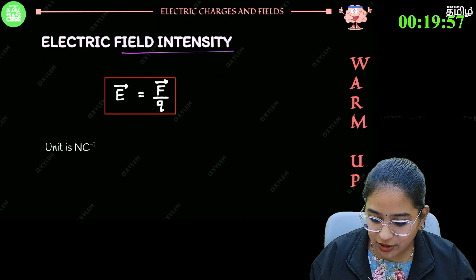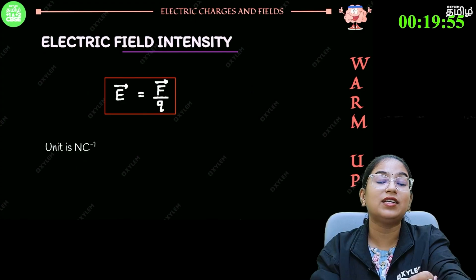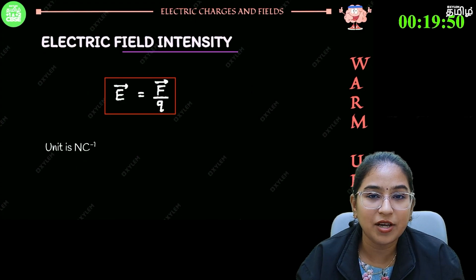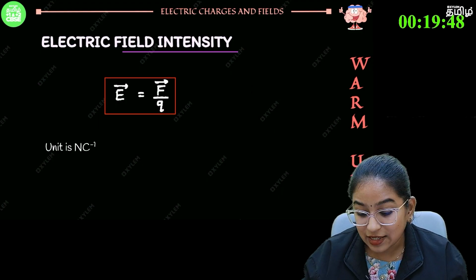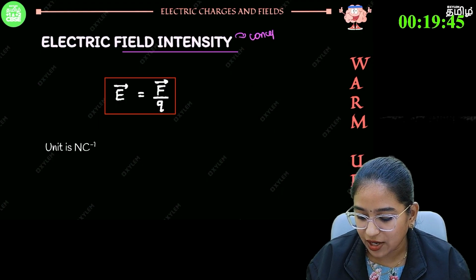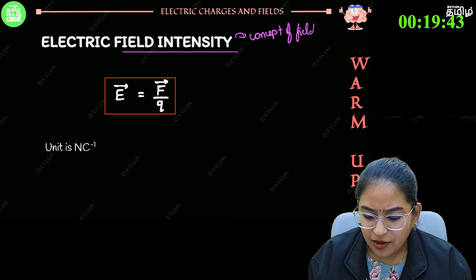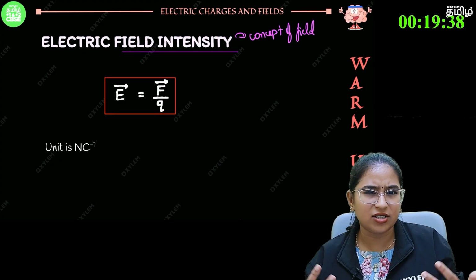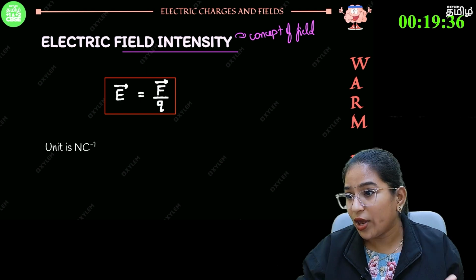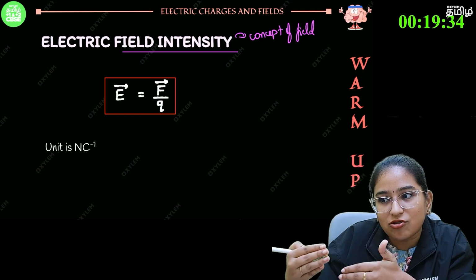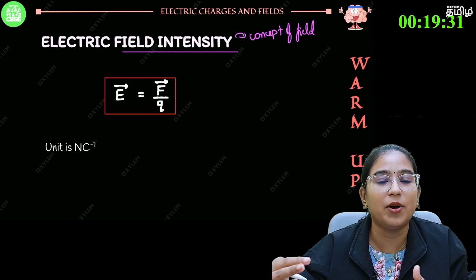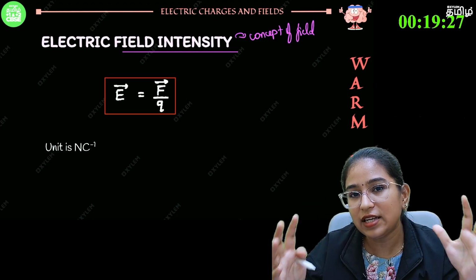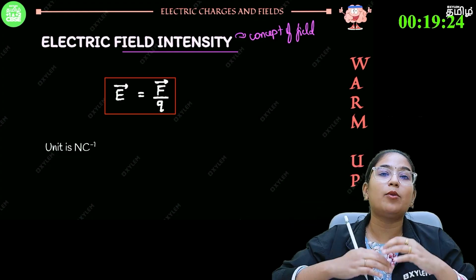The next one is electric field intensity, which is nothing but the electric field. Franklin Benjamin had already mentioned that this is a concept of field. We discuss that like charges repel each other and unlike charges attract each other. How do they know? This charge is present near me, so I have to attract; this is in my boundary, so I have to repel. All these things make sense when you talk about a boundary.